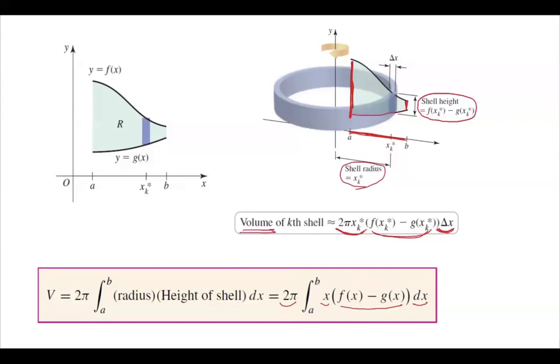So again, this is the method of cylindrical shells. We just need to identify the height, and using the axis of revolution, please pay attention. The axis of revolution, or the axis that we are revolving the object with respect to, is y, but the definite integral is dx.